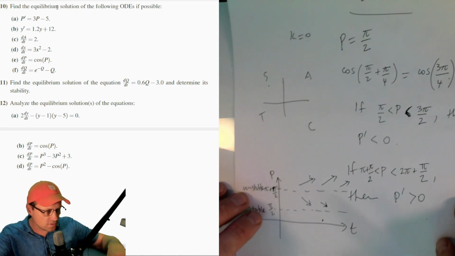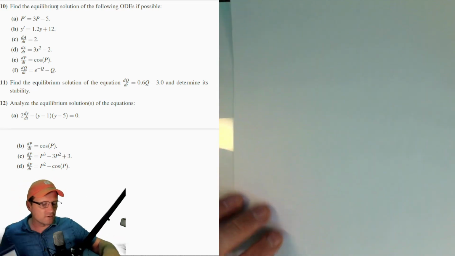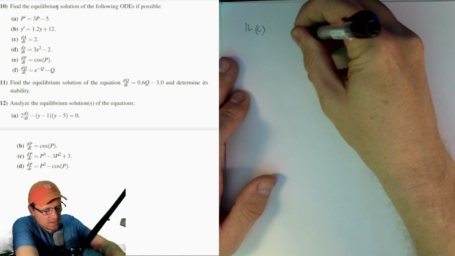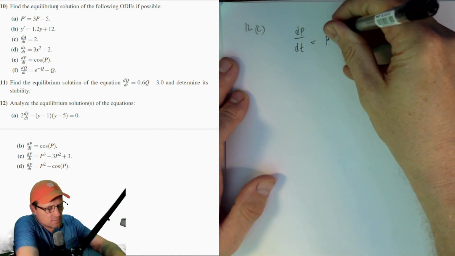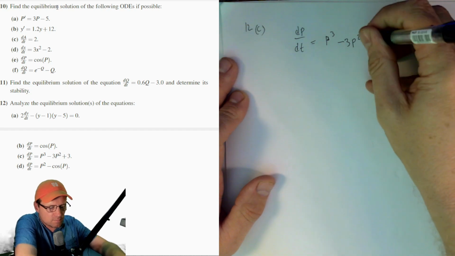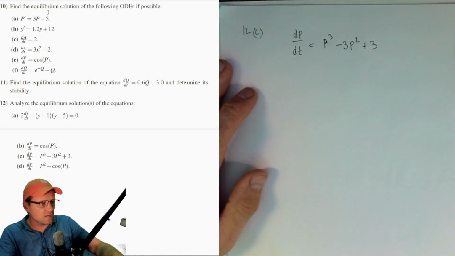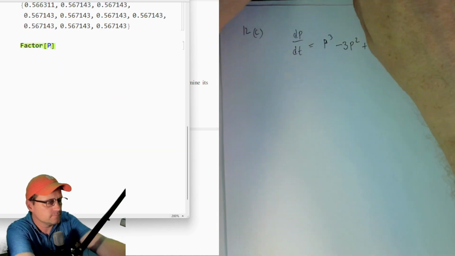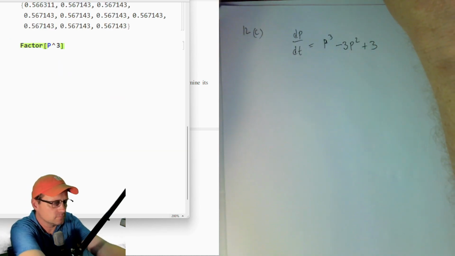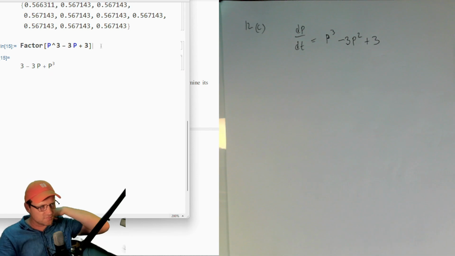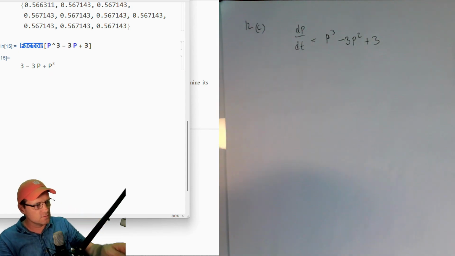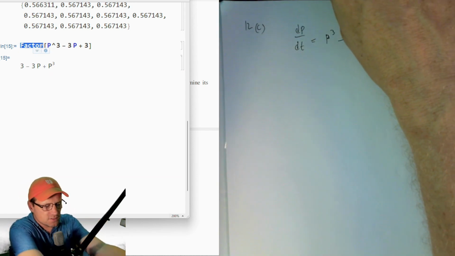All right, so let's move on to question 12c. So in 12c, we have dp on dt is p cubed minus 3p squared plus 3. Okay, now let's open up Mathematica to try to factorize this. Okay, so it doesn't give us any nice integer factors. So now let's try to solve numerically, but I'll just use a shortcut here.